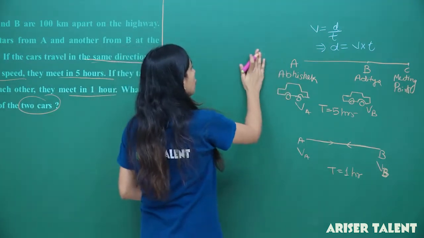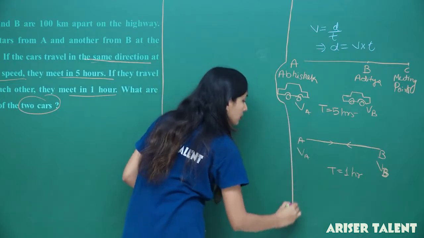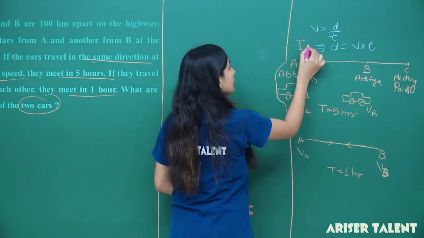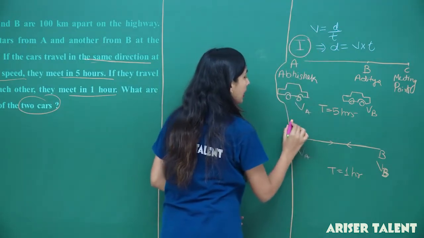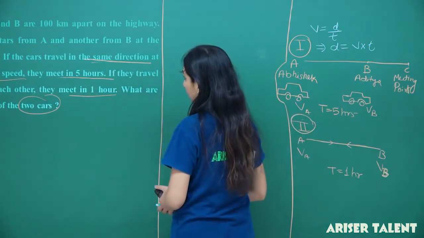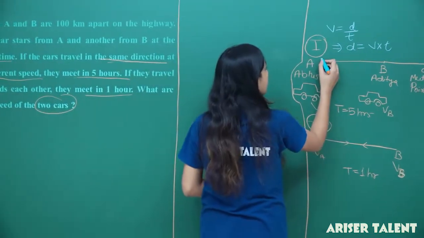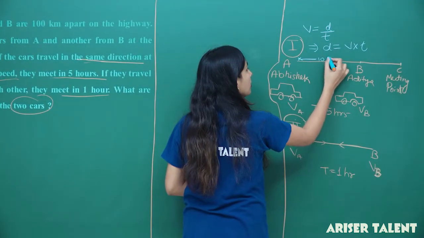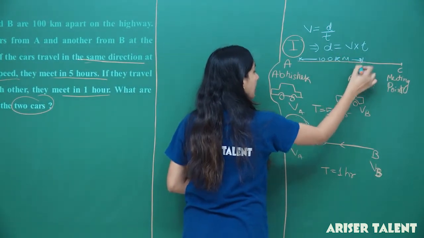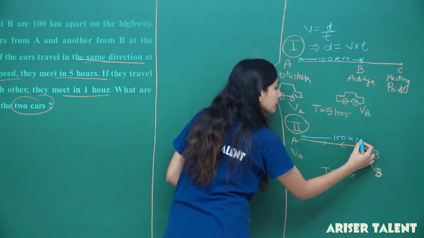Now talking about the question, this is our first condition and this is our second condition. The distance is 100 kilometers. This is given as 100 kilometers here, and again 100 kilometers here.